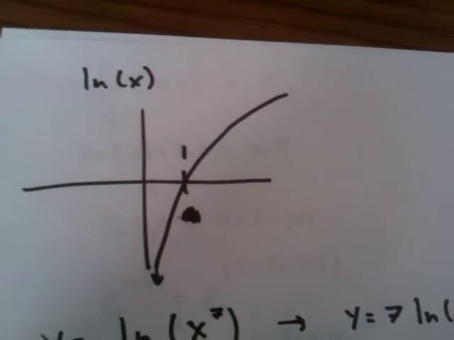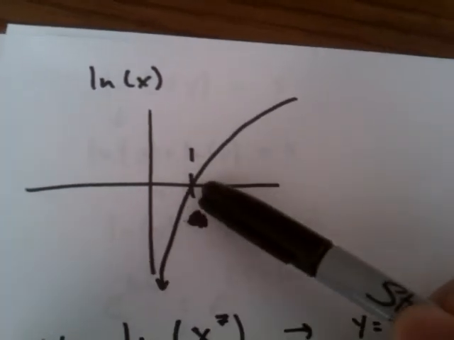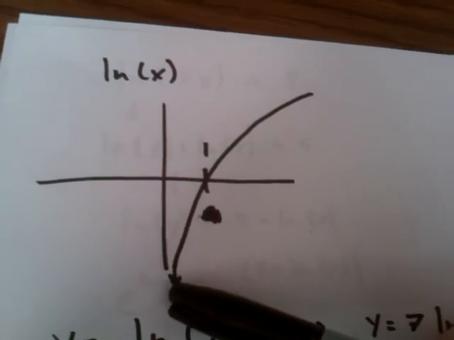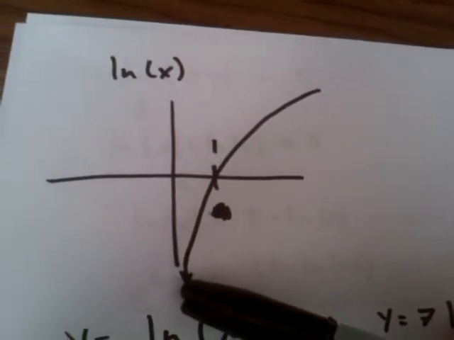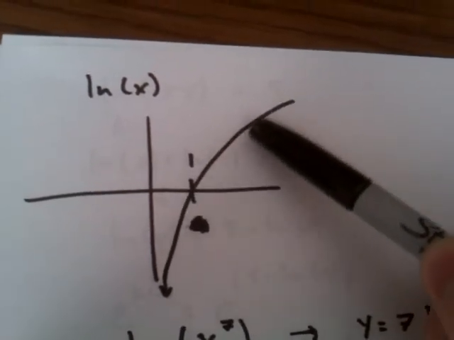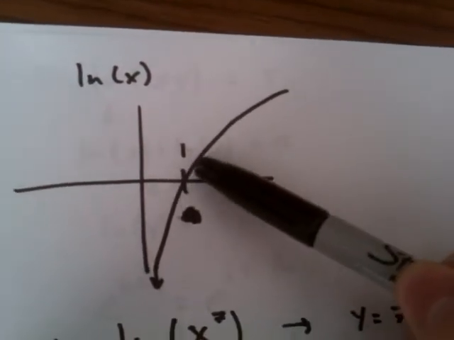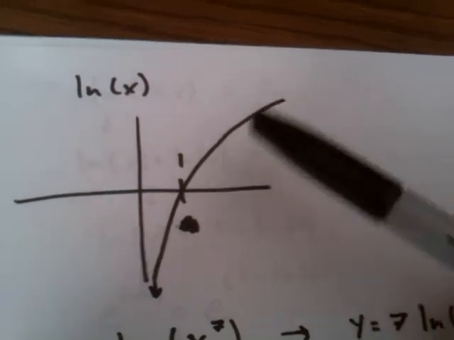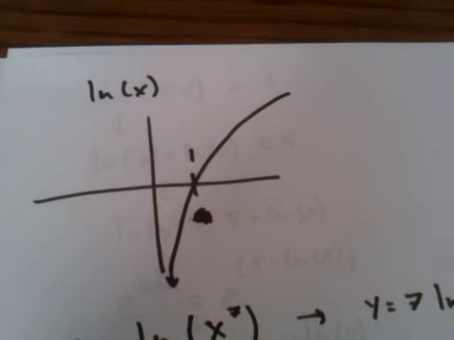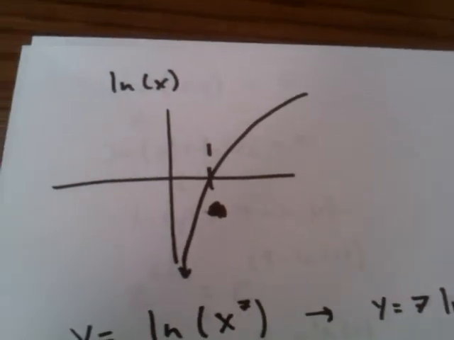So here's a graph of what natural log looks like. It crosses the x-axis at 1, and it goes down to minus infinity as it approaches 0. And it grows very slowly. It eventually goes off to positive infinity, but it's a very slow growing function.